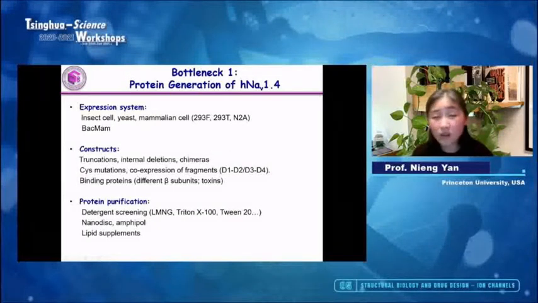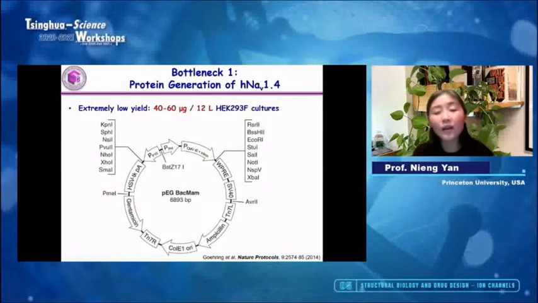She tried different systems, different constructs, different detergents, and eventually it was the so-called BacMam system, where you infect mammalian cells using baculovirus, that gave us a decent yield, like 40 to 60 micrograms per 12 liters. In retrospect, this was still a high yield protein.